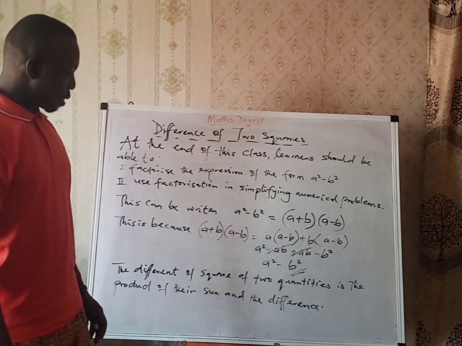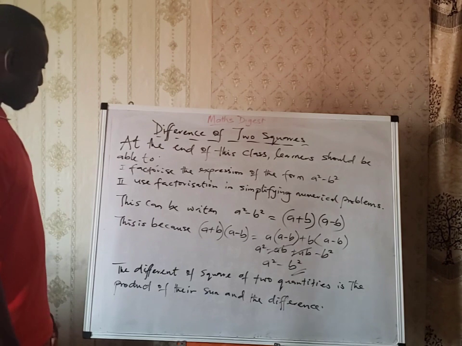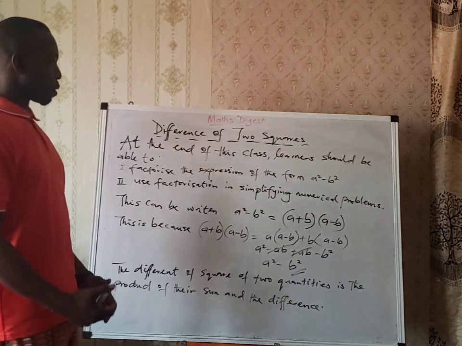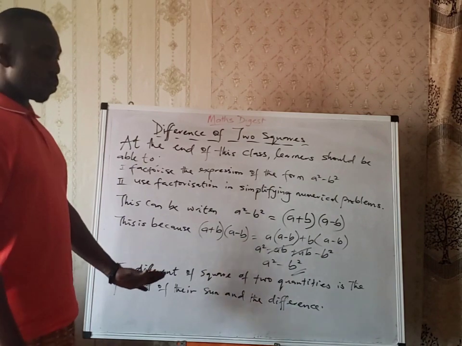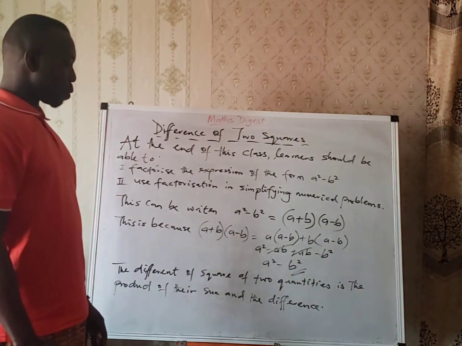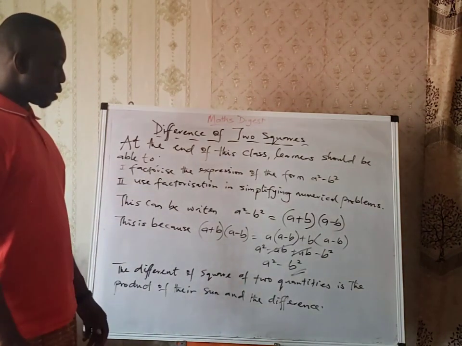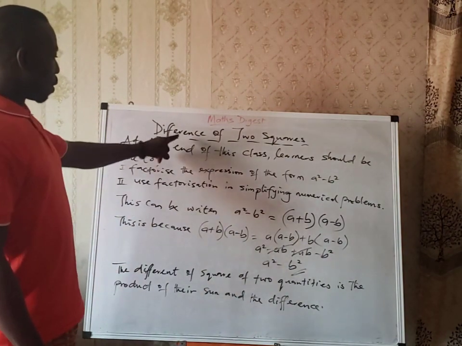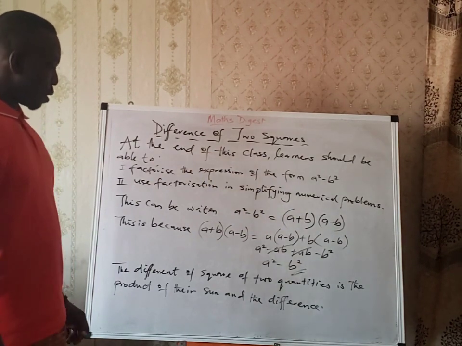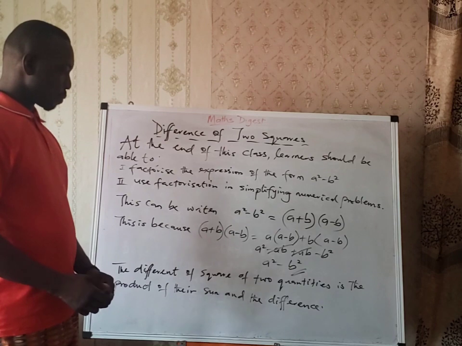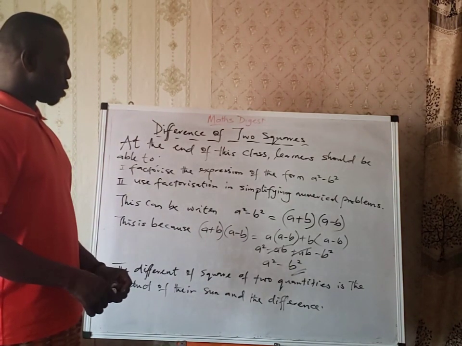So just know that when you are talking about difference of two squares, you're actually talking about minus. Whatever we are going to deal with, we narrow more on the negative sign, because we are dealing with difference. Pay attention, let's bring more exercises or examples to illustrate this.